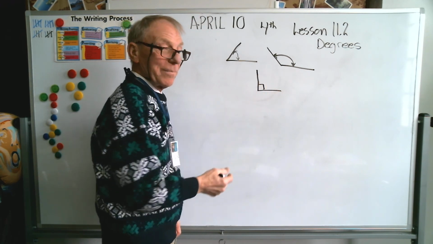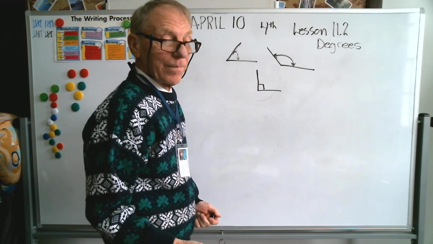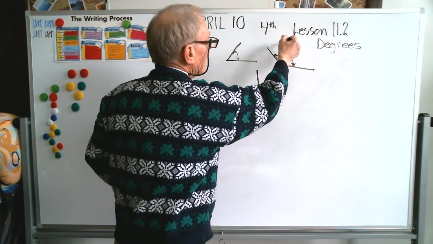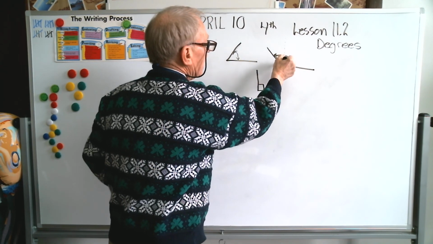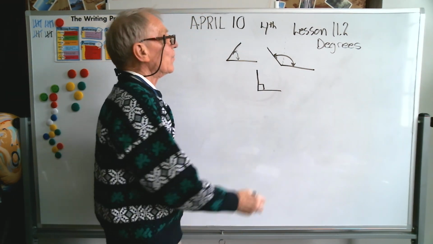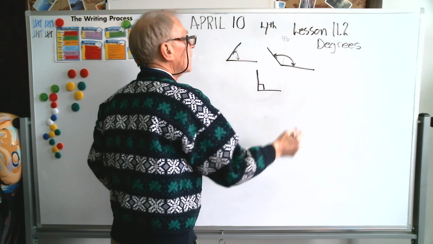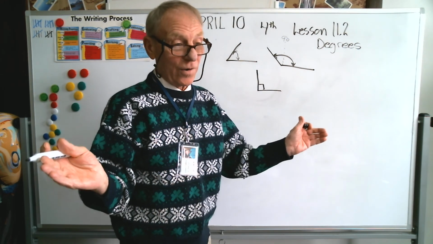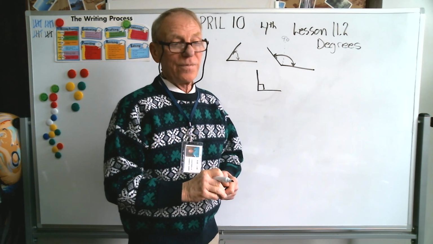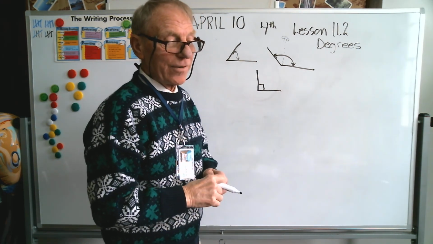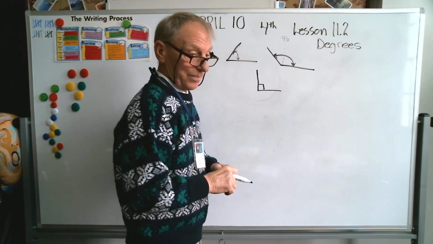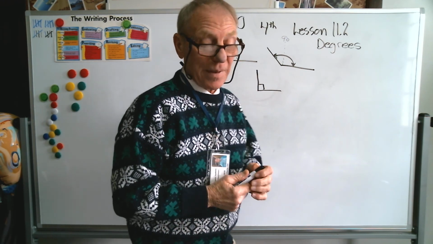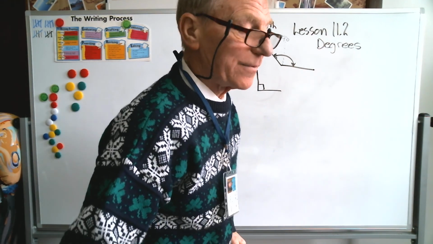Once it hits 90, it becomes a right angle. And that's kind of a special angle. Now, if we drew in where the 90-degree angle would be, an angle that's greater than 90 degrees is an obtuse angle. You'll understand that, I'm sure, a little better as we make our way into this lesson.